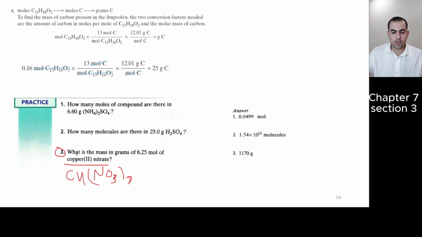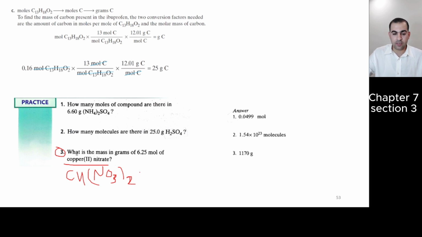Then you find the molar mass of copper nitrate: 1 copper, 2 nitrogen, 6 oxygens. 2 times 14, 6 times 16, and 1 times the molar mass of copper. Add all together, you get the molar mass of copper nitrate.